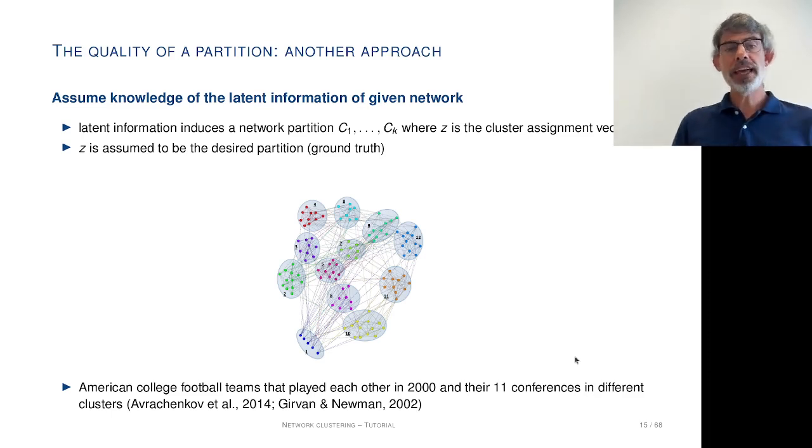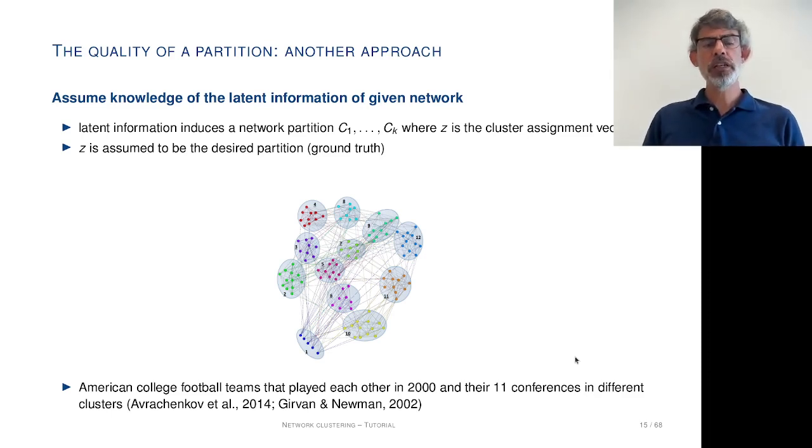So another way to measure the quality of a partition is to assume knowledge of the latent information of a given network. Suppose that we have this latent information, and if we have that, we can use this information to induce a network partition C1, C2, Ck, where Z, my cluster assignment vector, basically represents the latent information.